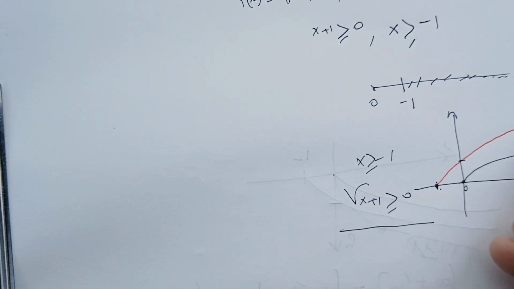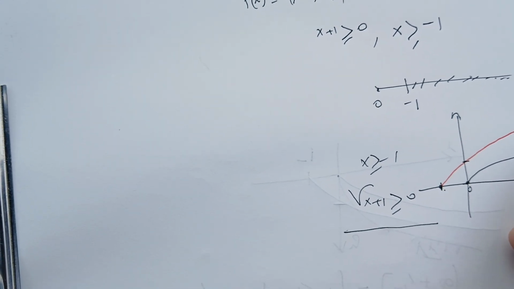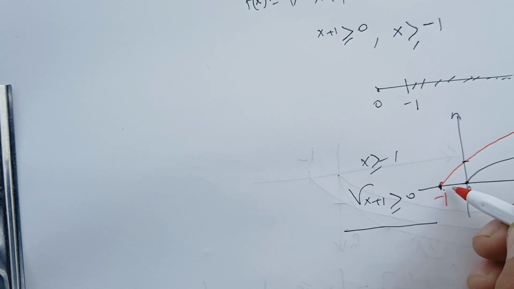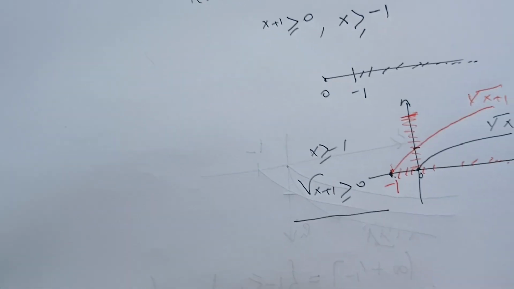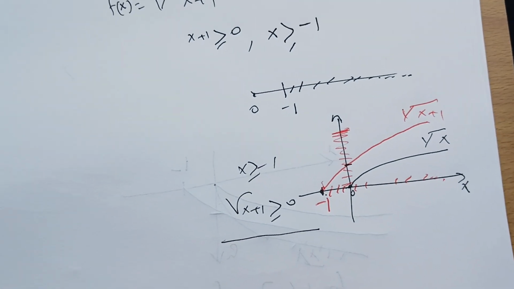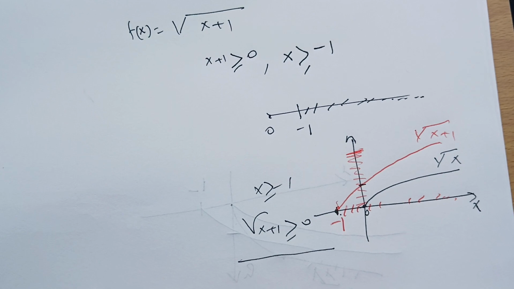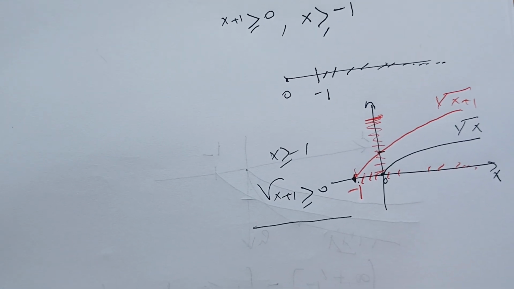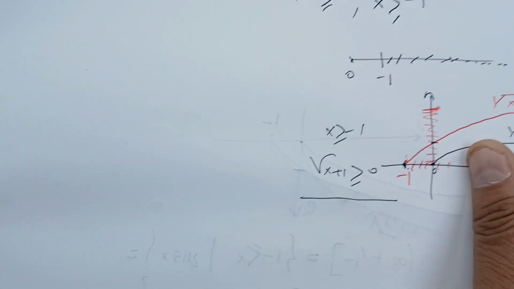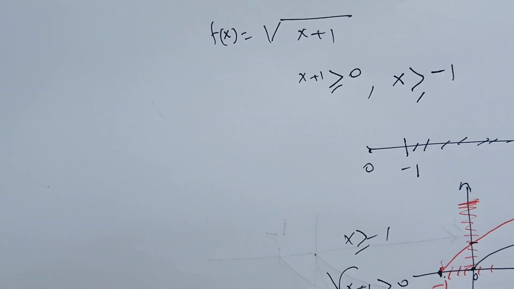So this is the square root of x plus 1. This is minus 1, this is our domain here, and this is the range. This is the graphical representation of the square root of x plus 1.